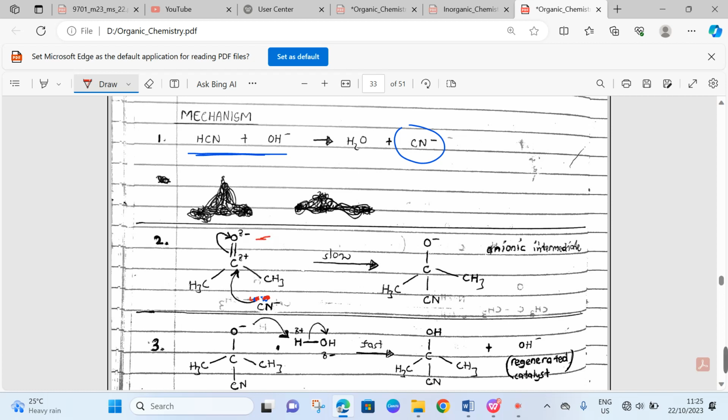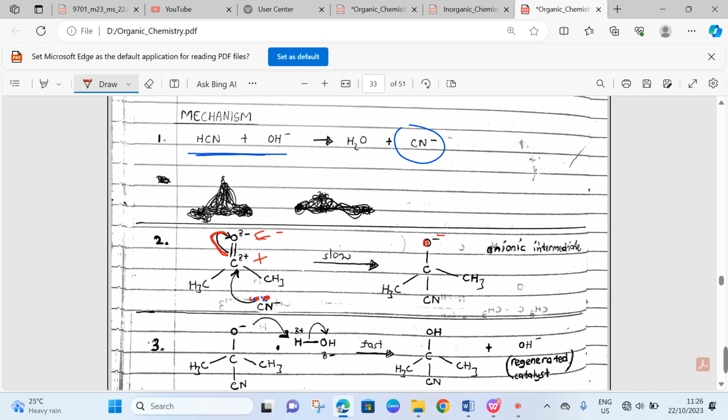Because the oxygen here is very electronegative, it withdraws electrons from the bond, making carbon slightly positive and itself negative. What then happens? One of the electrons of the bond are taken by the oxygen, in such a way that the double bond breaks to create a single bond, but the oxygen here becomes negatively charged. It's called an anionic intermediate.